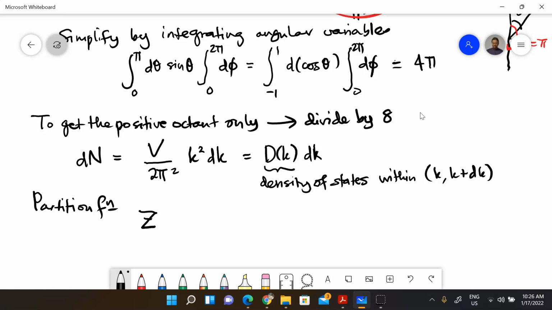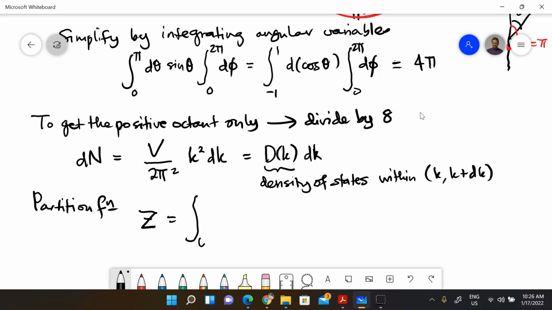Let me just write that down first. So now instead of the sum, we have conveniently, silently moved from the discretized k to the continuous k.